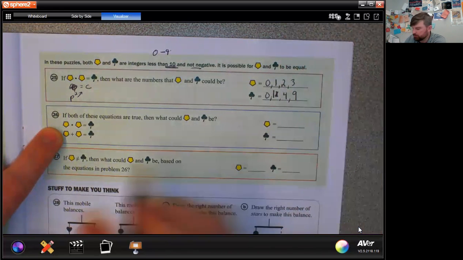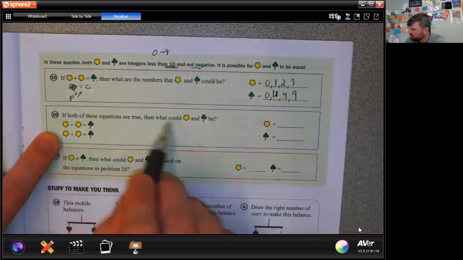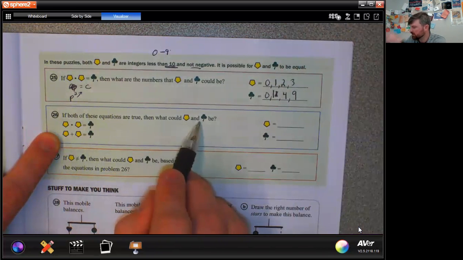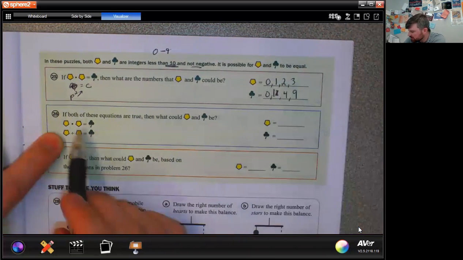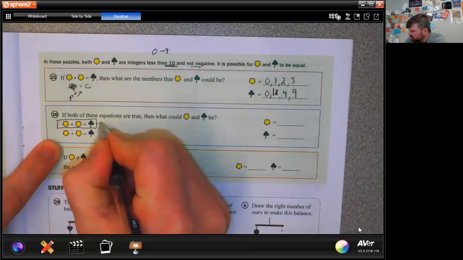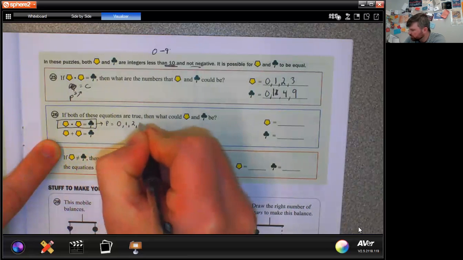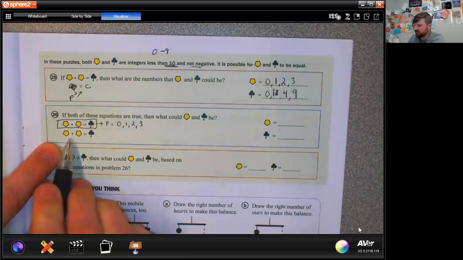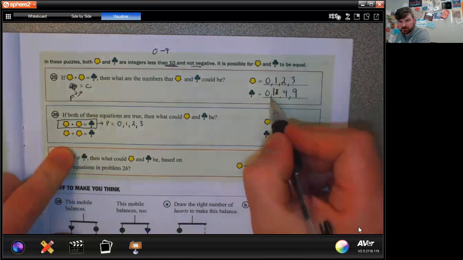Okay. If both these equations in 26 are true, what could a pentagon and a clover be? Okay, so from up here, we had this equation right here. Okay, and we said that a pentagon could be 0, 1, 2, or 3. Now, let's see if this works out as well, using these numbers for a clover.